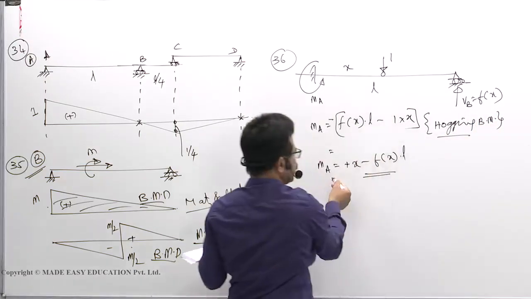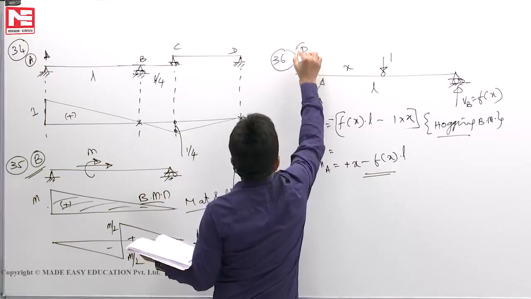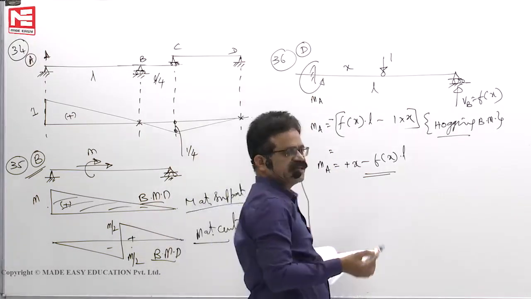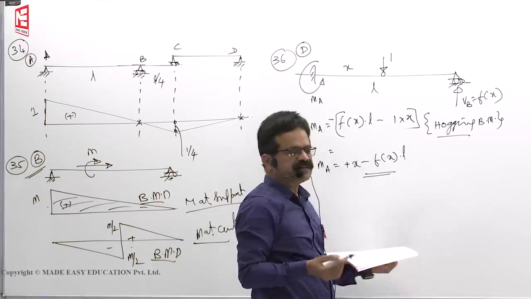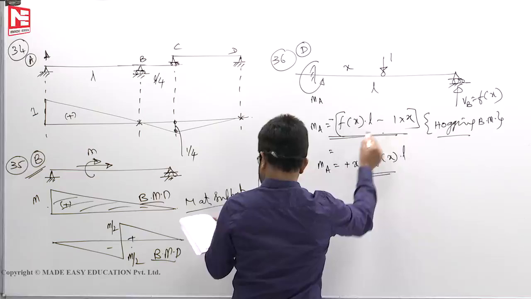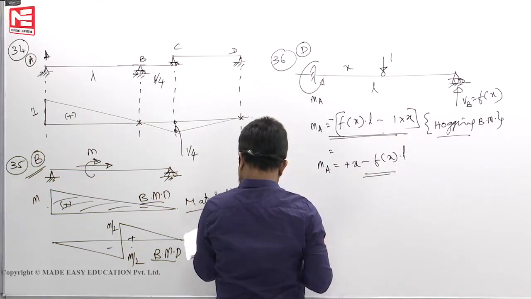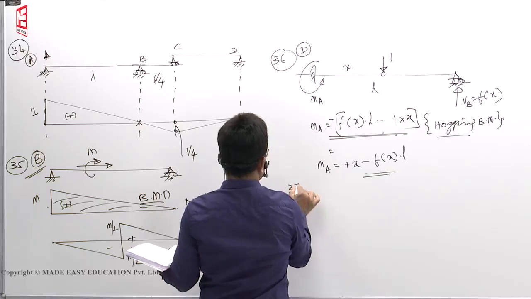Hogging bending moment, if you take as negative, you could have got this one. So D is the option. Sagging positive, hogging negative, if you take it, it will come that way. But even if this is there, let us say, that option is already given. Okay. So like this you should manage.